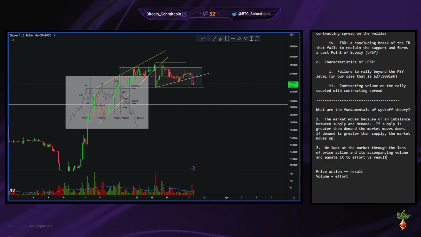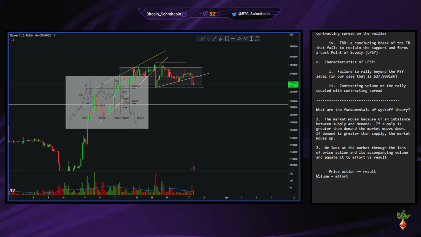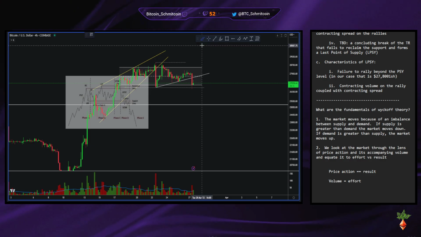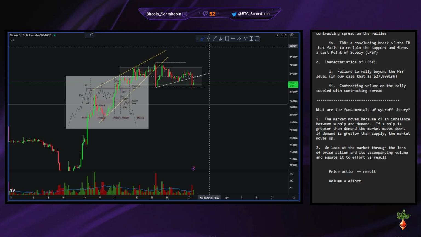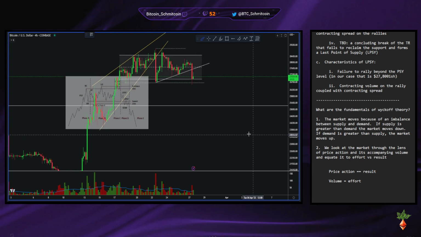Okay, so when we're looking at these trading ranges, this is the lens through which we're viewing them, right? It's not patterns. This is why people think market analysis is just bullshit, right?